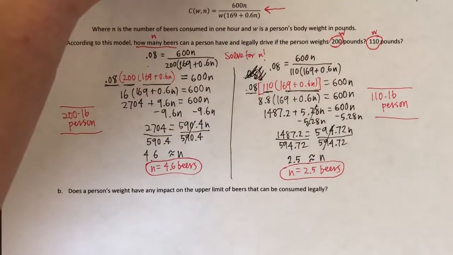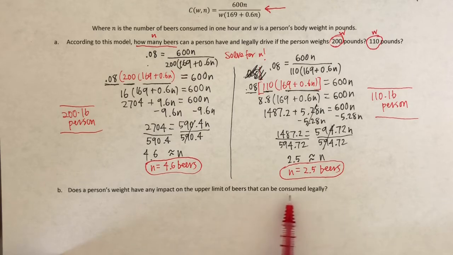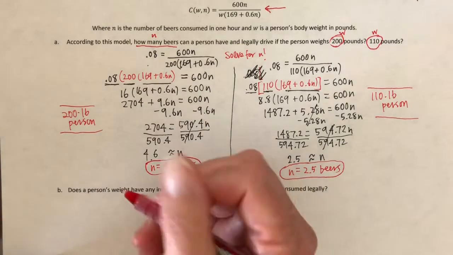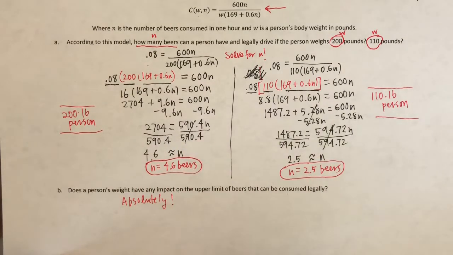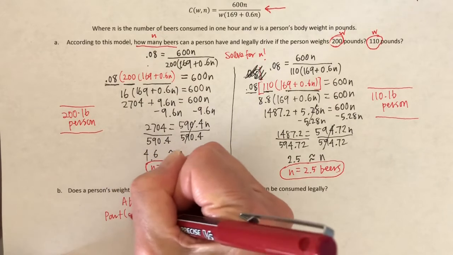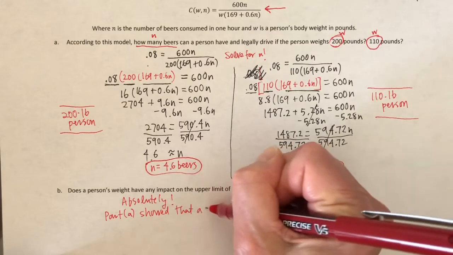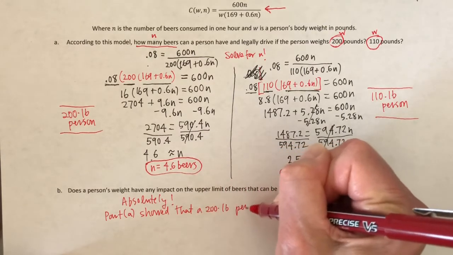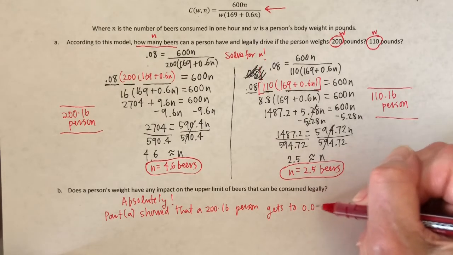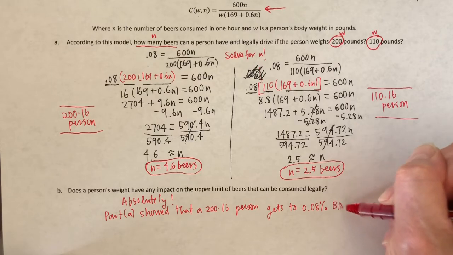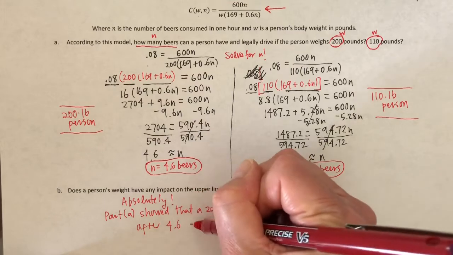There's one more question we want to answer here. Does a person's weight have any impact on the upper limit of beers that can be consumed legally? Absolutely. Part A just showed that a 200-pound person gets to 0.08% blood alcohol concentration after 4.6 beers.